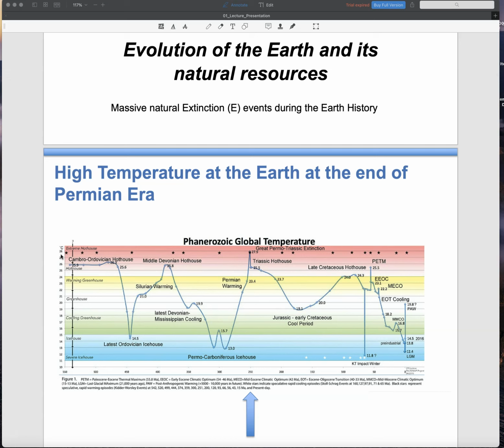So it was a very high warming situation in the planet, and that excessive warming was responsible for creating that massive extinction, because of the high concentration of greenhouse gases during that period of time. What happened? That is the question that we are going to try to address in the next slide.